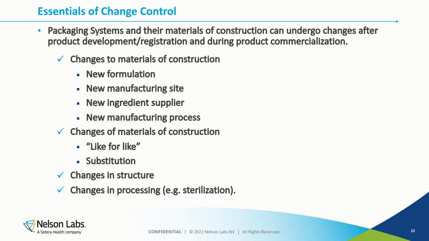You wake up in the morning, you see you got an email from your supplier that says, you know what, I'm going to change the formulation a little bit about that polypropylene to make it more stable or to make it more flexible or to make it more clear or whatever, make it cheaper or whatever. Or, I'm going to manufacture it at a new site. I'm going to get my ingredients from a different supplier, and so on and so on and so forth.